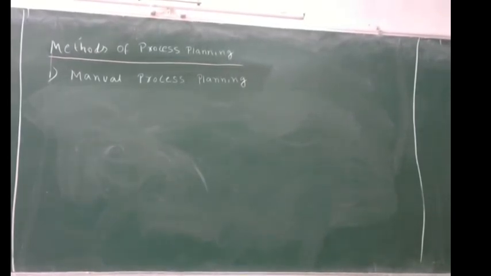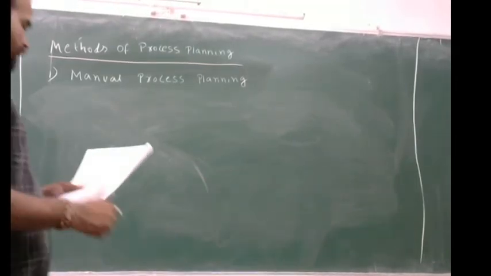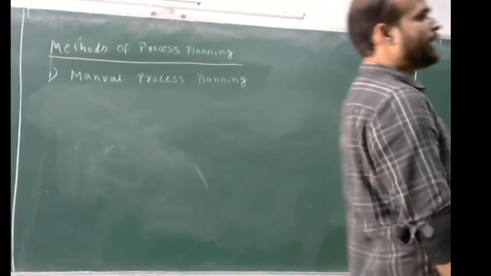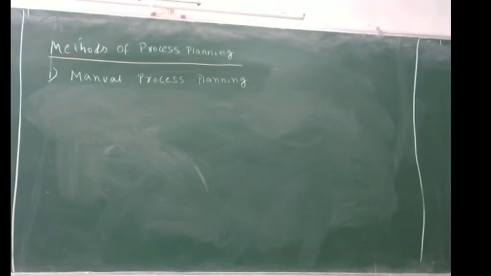We start planning the operations to be used to produce a part with the required knowledge of two groups of variables.